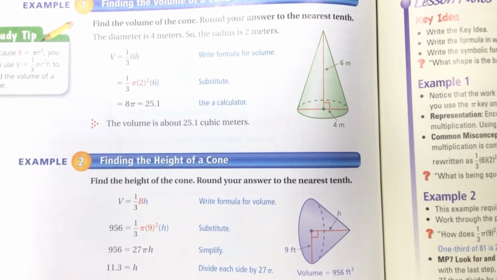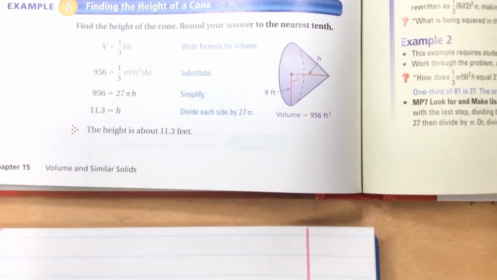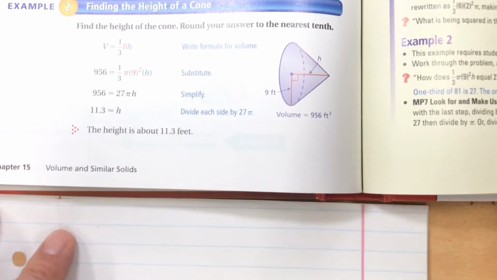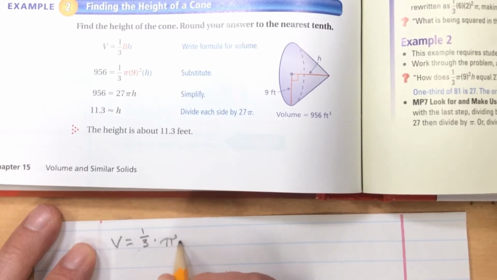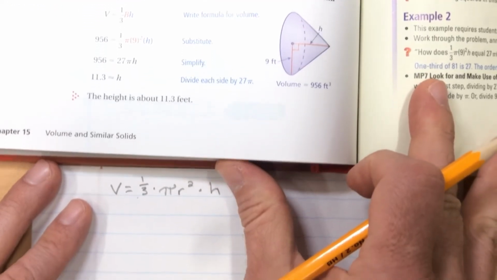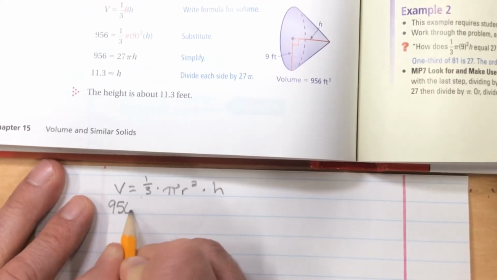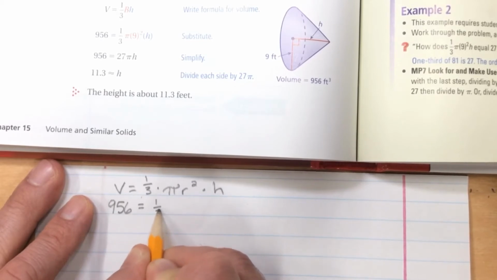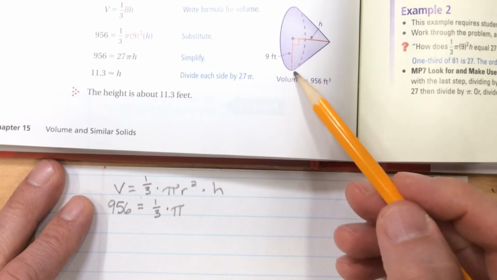For the second example, they're looking for the height, just like in our last section. This time, we'll use volume equals 1/3 pi r squared times height. And they give us the volume. So 956 equals 1/3 times pi. The radius is 9.